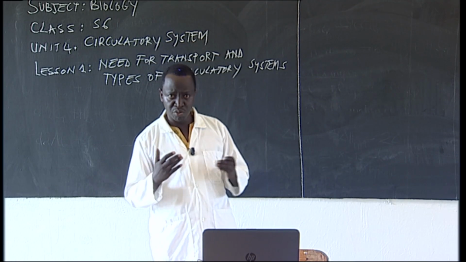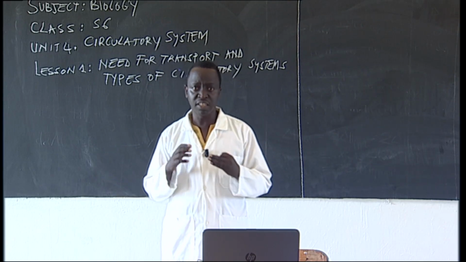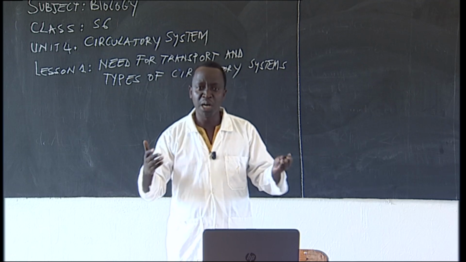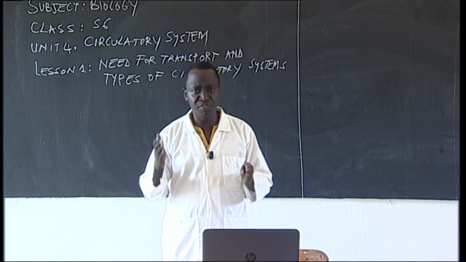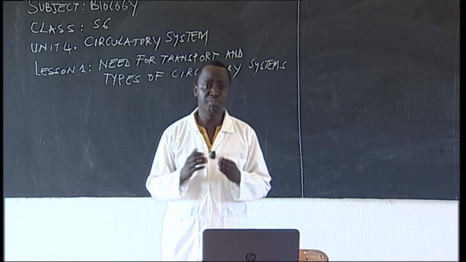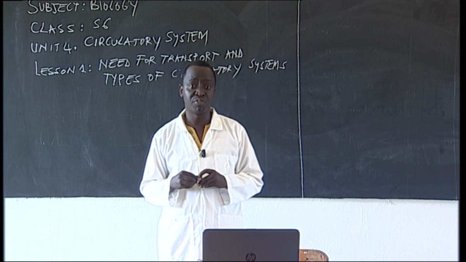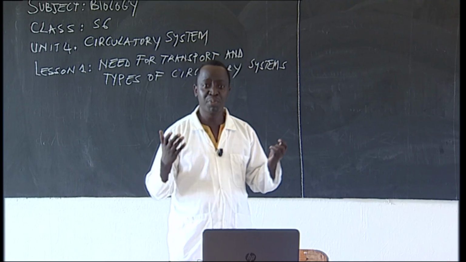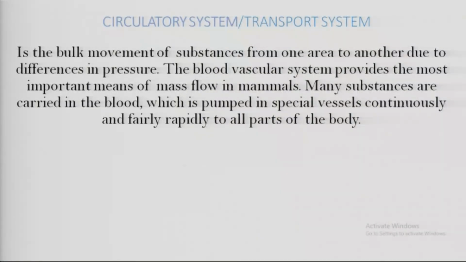How are those materials going to get into different parts of our body, including organs and different cells? They move through what you call the transport system. Are you understanding?